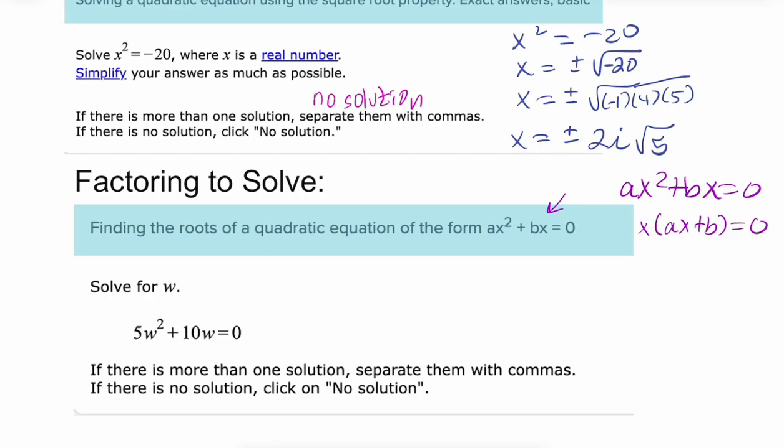So what's really cool about that is if we take out that x, there is something called the zero product property. That means if two things were multiplied together to equal 0, you will find a solution where the first thing equals 0 or where the second thing equals 0. So this means that x could equal 0 or ax plus b could be the thing that's equal to 0. Either one will work.